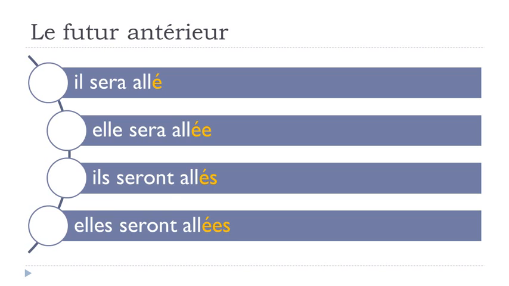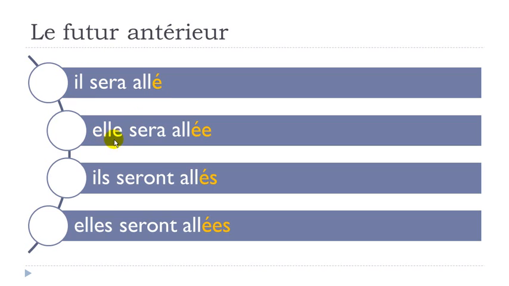All right, but if we conjugate it with être, like it is the case here with aller, aller is to go, remember, and it requires être. What you can see is that il sera allé here is the masculine and singular form, so you will put this accent aigu like that without anything.